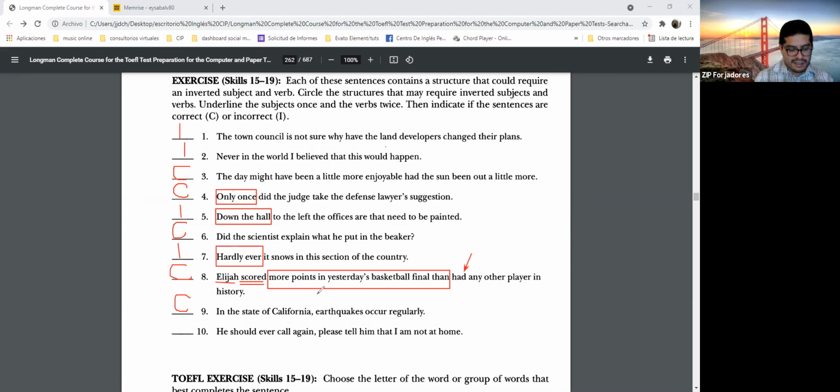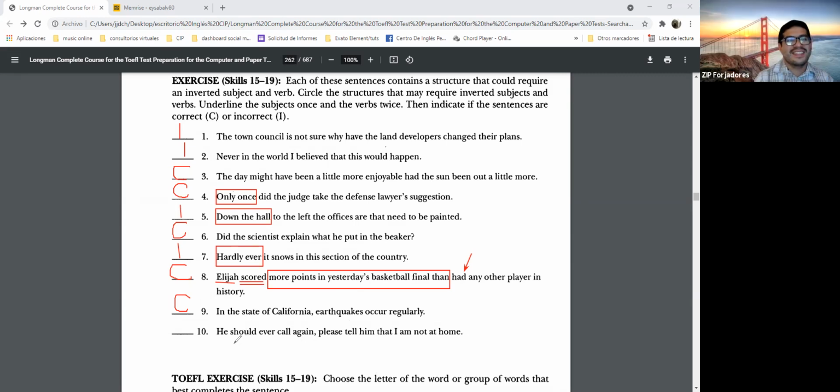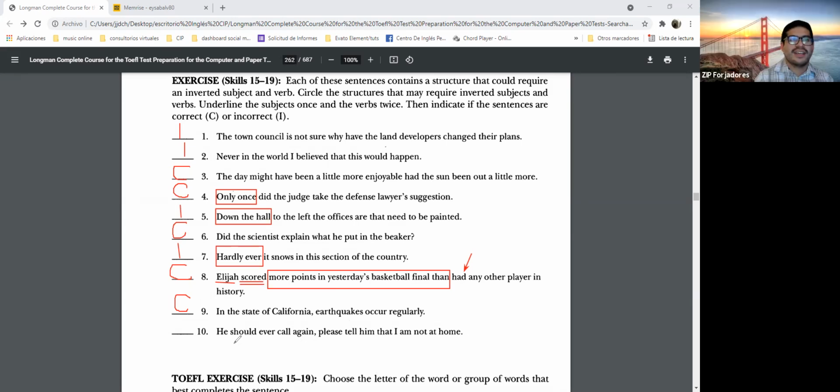The number 10 is incorrect, and it's because first we need to put the "should" at the beginning and then the subject, "he". Should he ever.